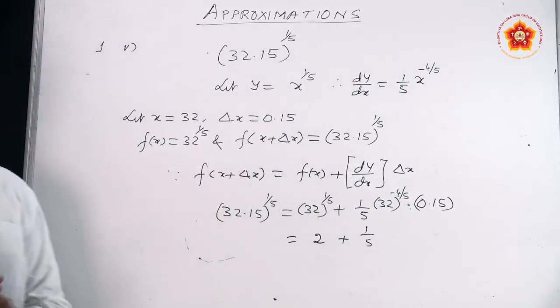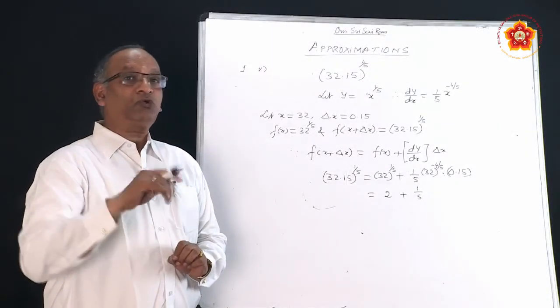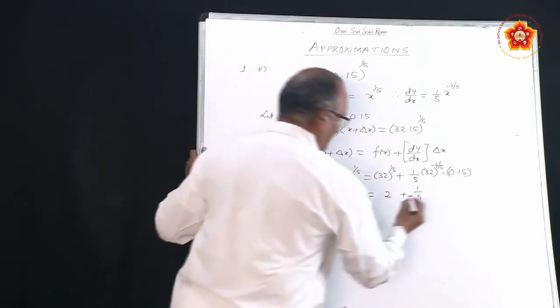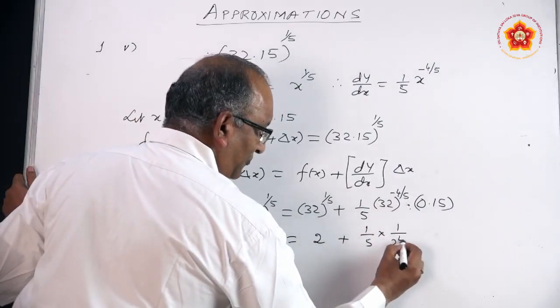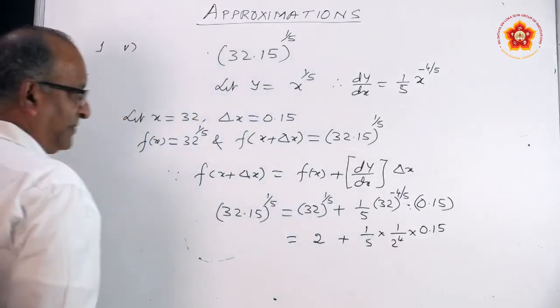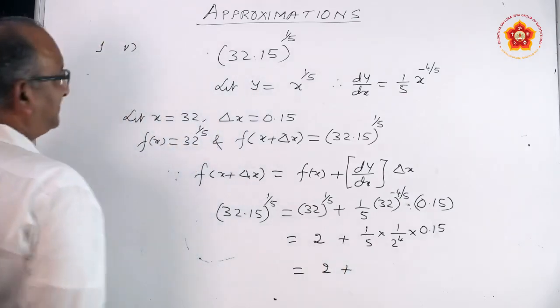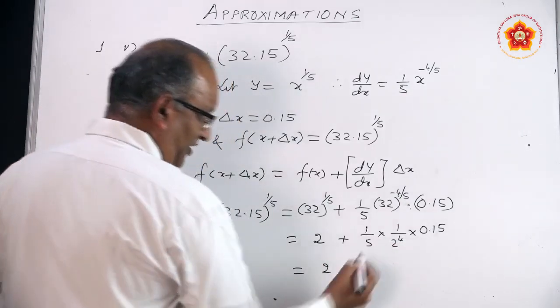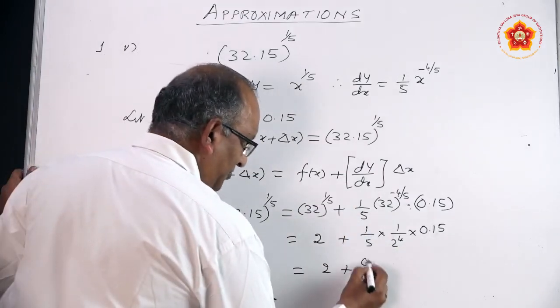Just take it as 32 to the power 1 by 5, which is nothing but 2. Then 2 to the power minus 4 can be written as 2 to the power 4 in the denominator into 0.15. Simplify it. 2 to the power 4 is 16. 16 into 5 is 80.